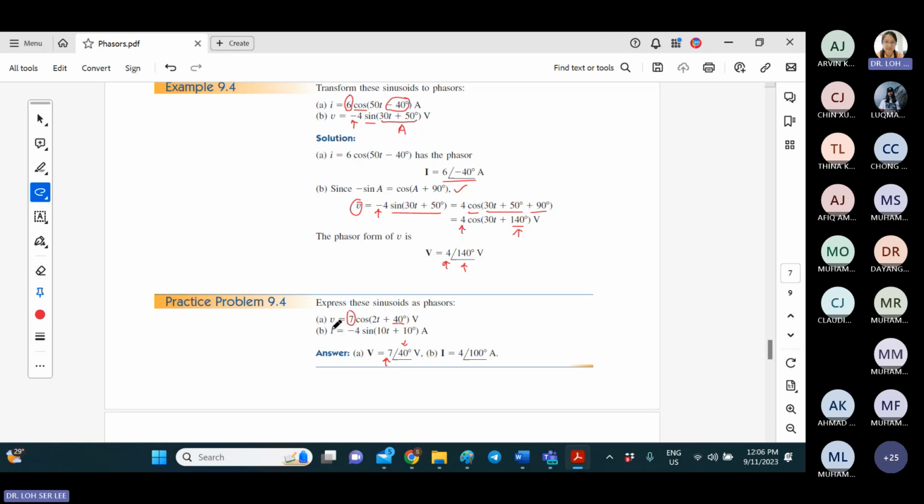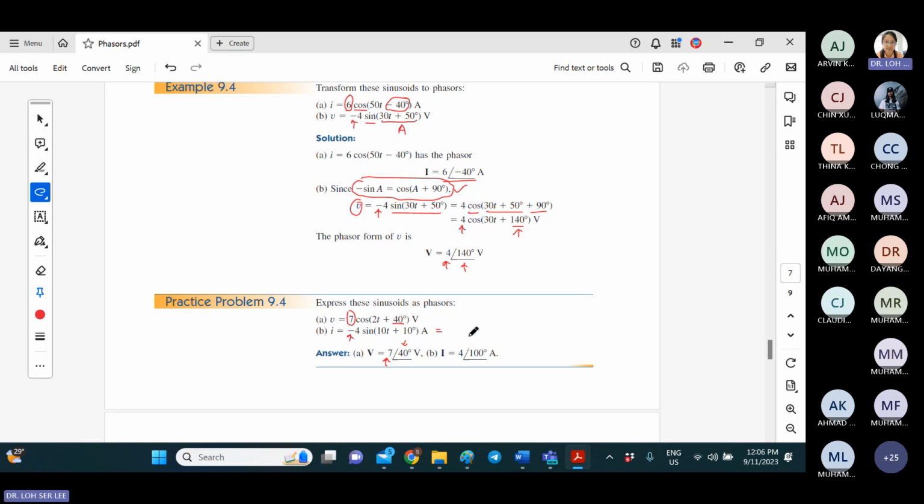Okay, question B, this is I. So I in phasor form will be capital I in bold. We have a negative sign, so we use the same formula here. We want to change it into a positive cos function.